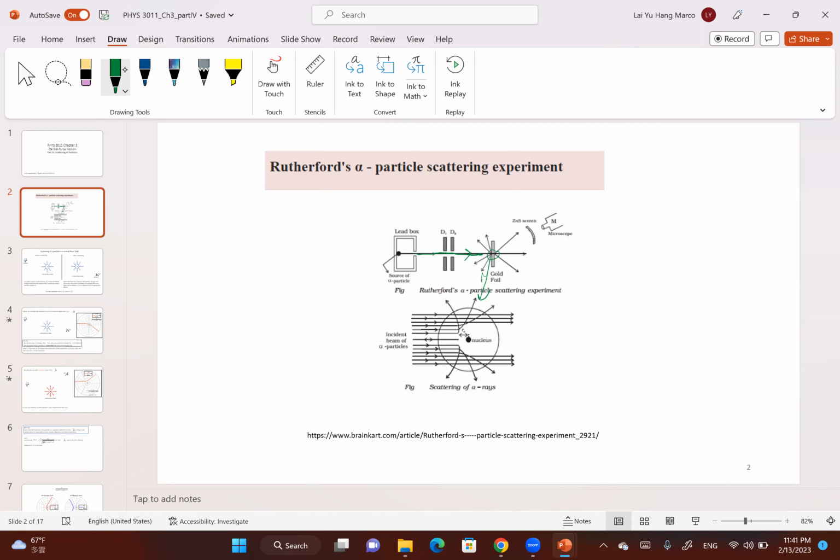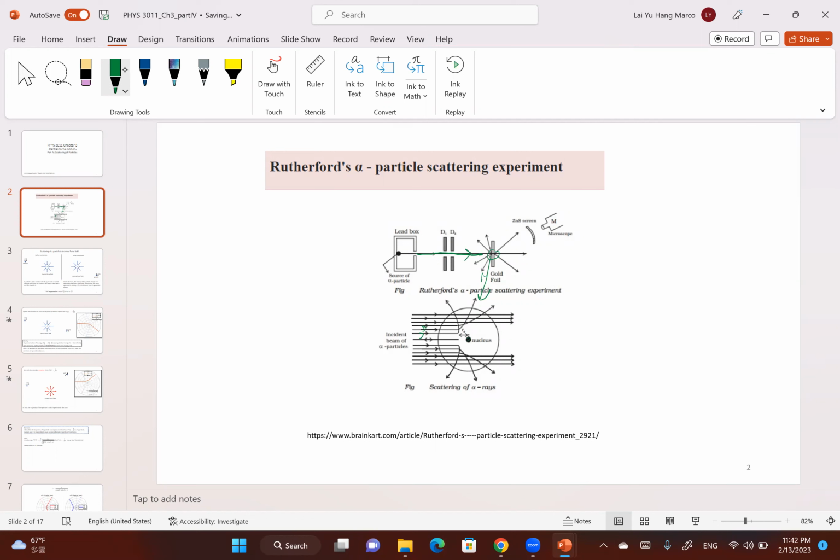So it will have this Coulomb potential, which is a central force field. The incoming alpha particles, which are also positively charged, will be repelled by the positively charged nucleus.